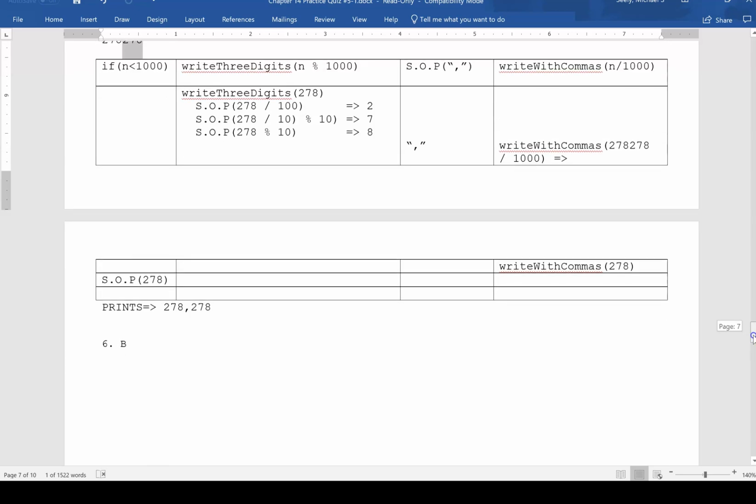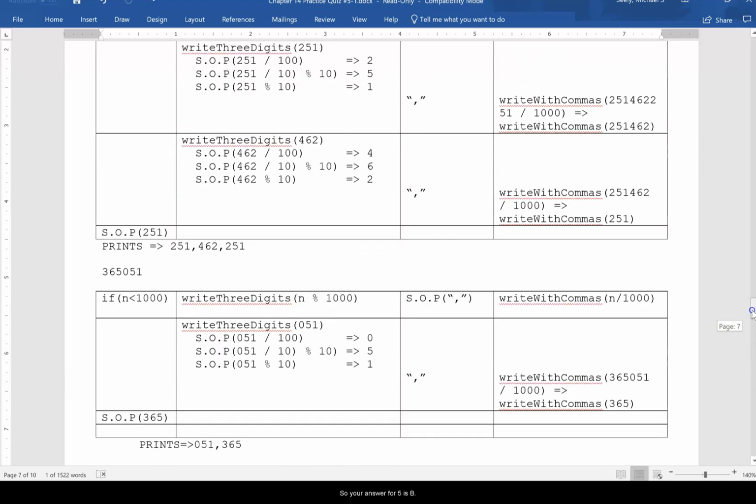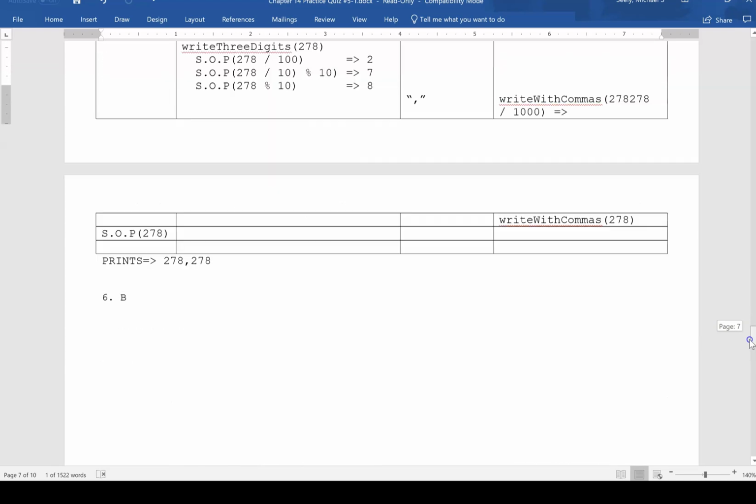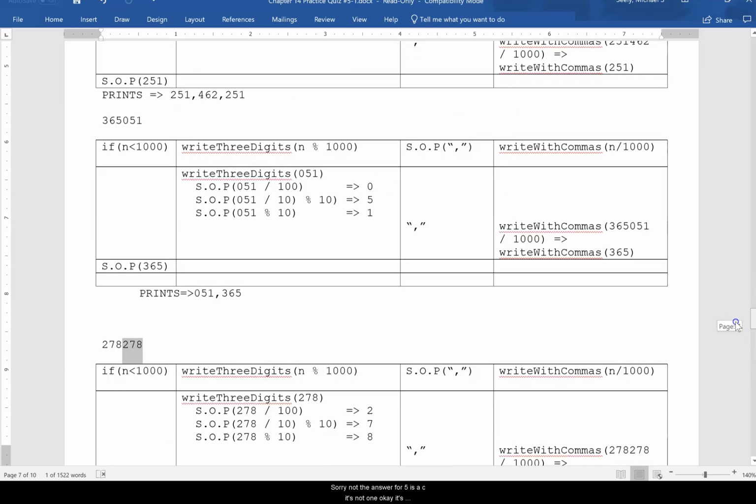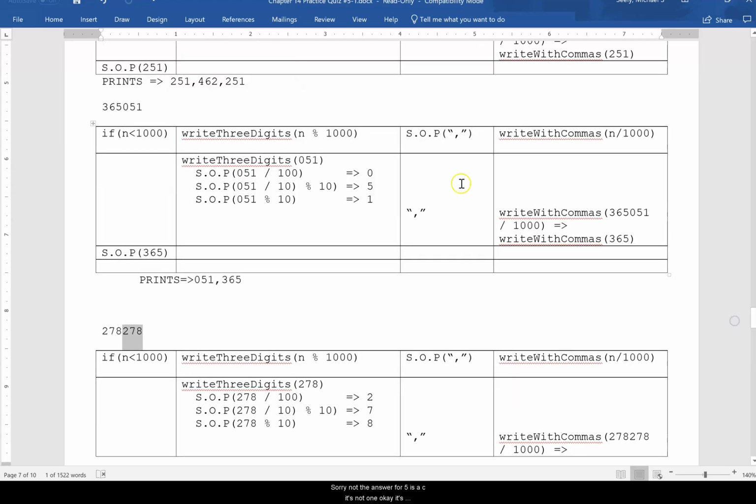So your answer for 5 is B. Sorry, not B. Your answer for 5 is C. It's that one. Okay, and it's because we got issues with the placement of some of our code.